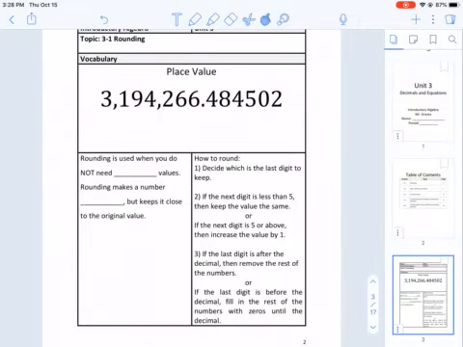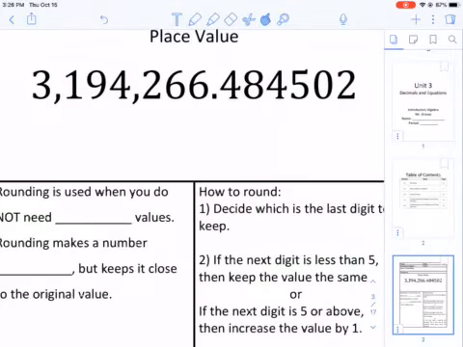So when we're rounding, we're going to say what the place value is and then figure out how we're going to round. So we're going to start at the decimal.